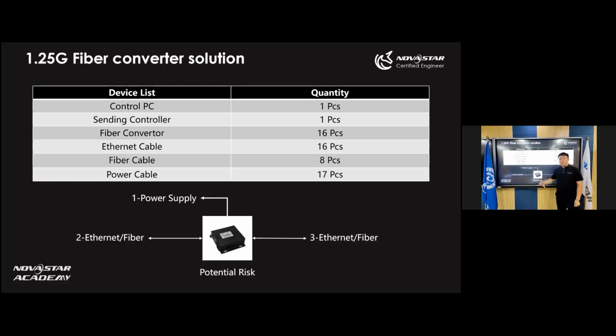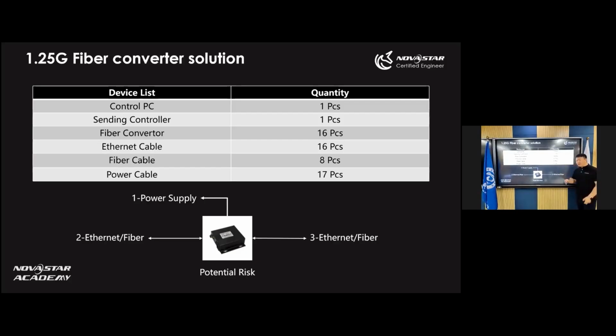And for the fiber cable, each channel needs a fiber cable, right? So totally here we need 8 fiber cables to transmit all the data. And for the power cable, every fiber converter needs to be powered independently. So totally here we need 17 pieces, for 16 fiber converters and also one for the sending part.